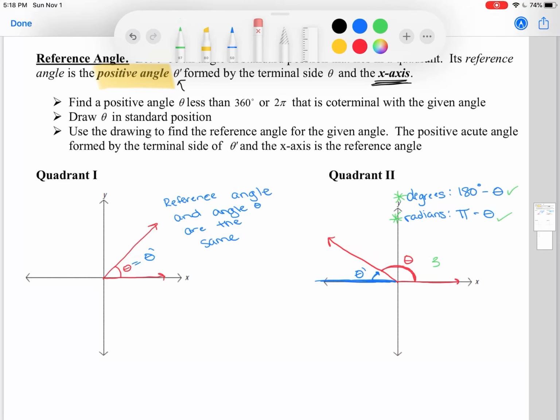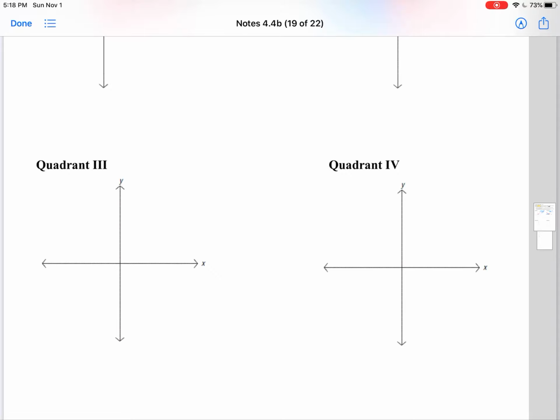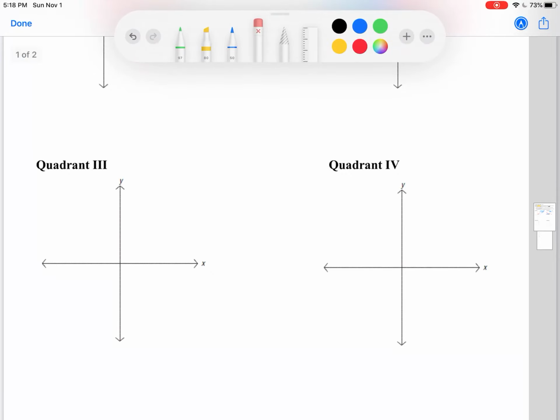However, if I tell you that theta is actually, let's see, something in quadrant 2, 2 pi over 3, then we're going to use the radians. It all depends on what theta is like when it's given to you. So pay close attention to that as we go into page 2 on our notes. So let's go down to quadrant 3 and quadrant 4.